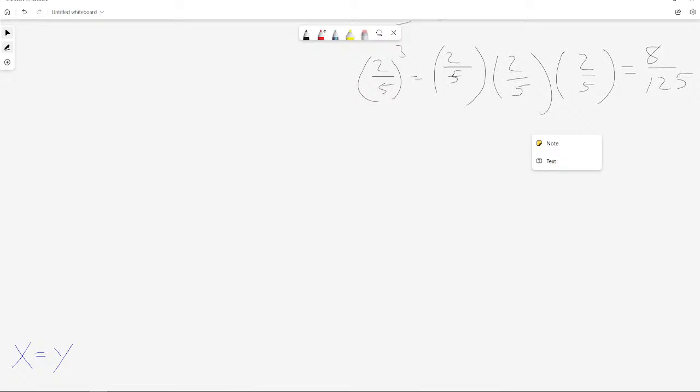Now let's say you have -7 cubed. What's that going to equal? Oh, you're in parentheses here, so the whole base is negative.